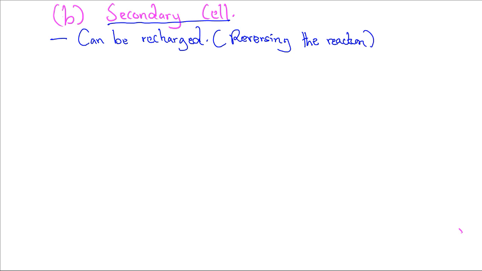An example of such a cell is the lead acid accumulator, which consists of the following.